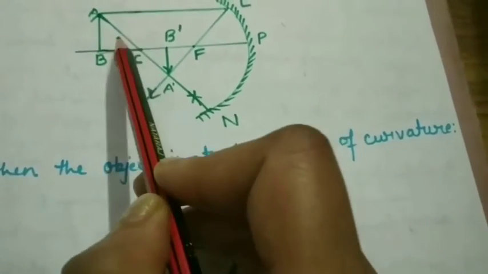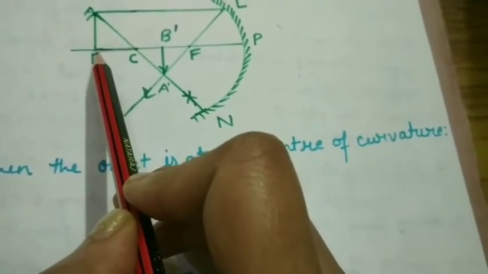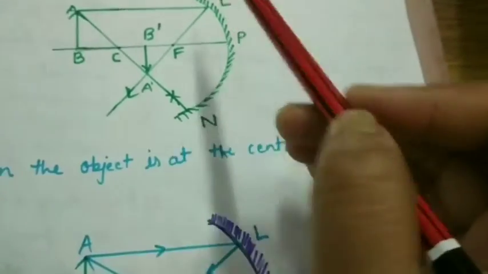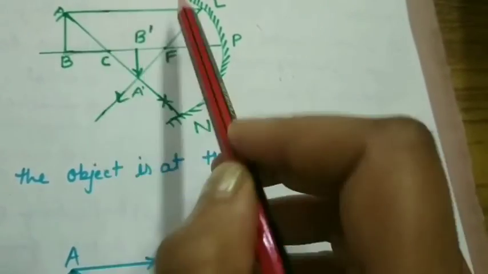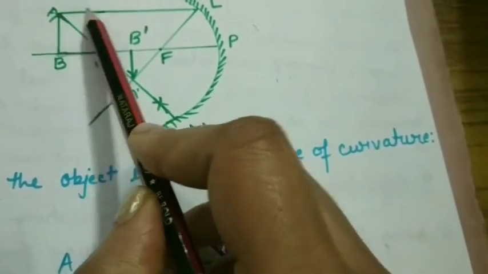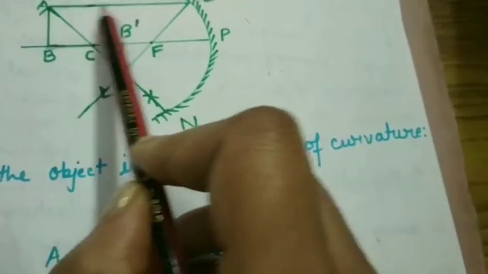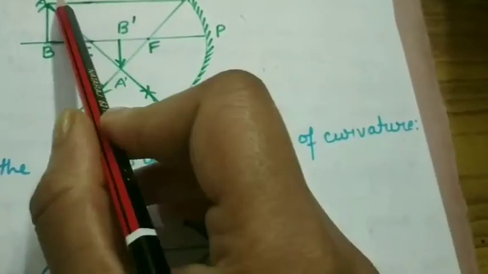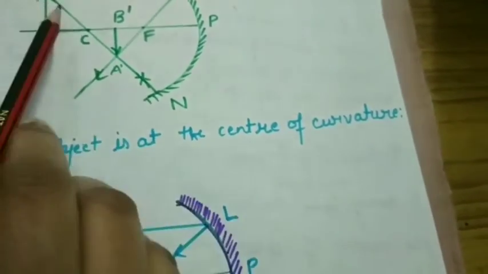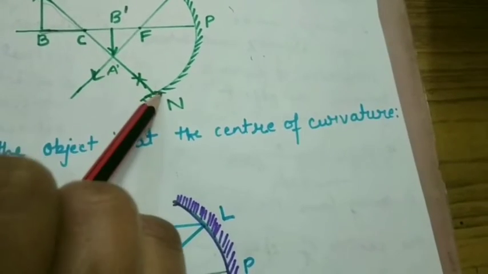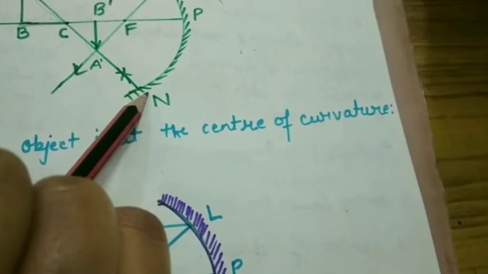So when it is far away, there will be two incident rays. One from the top of it will go here, AL, and from here one more incident ray AN will fall. Okay, have you all noticed?